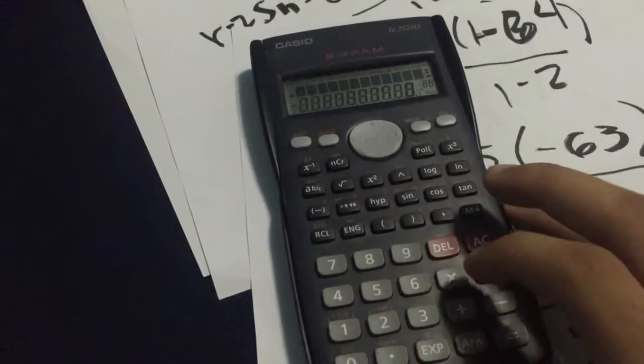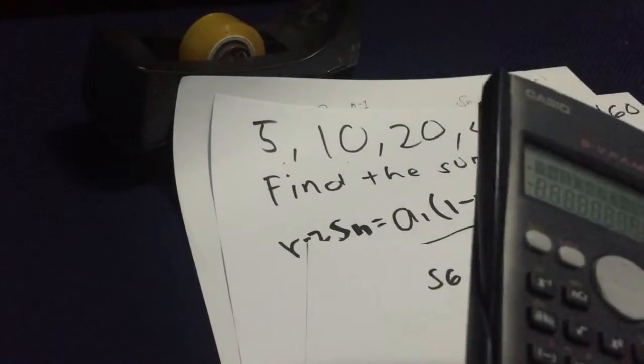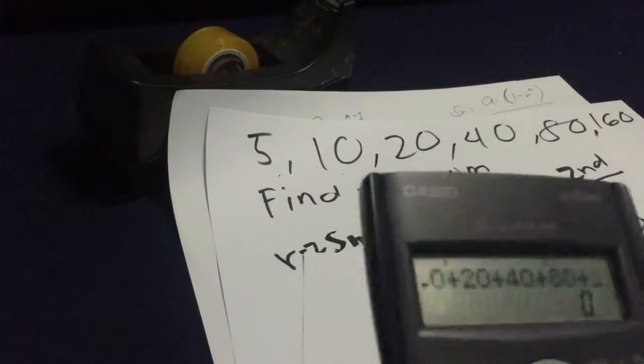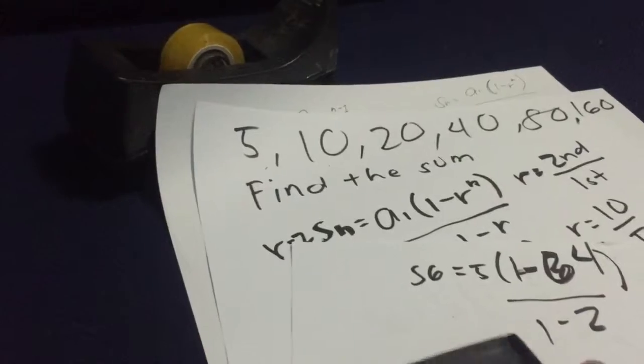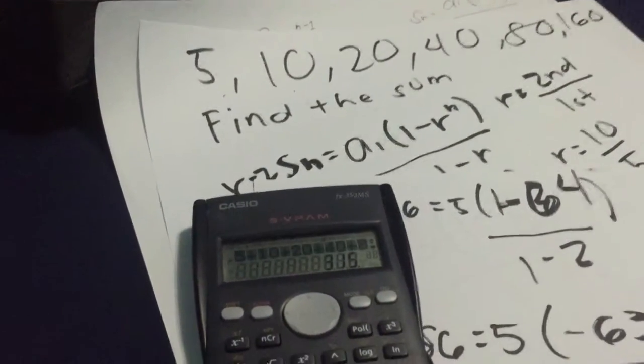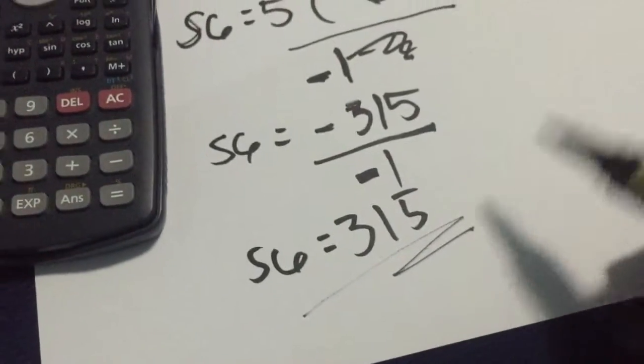So 5 plus 10 plus 20 plus 40 plus 80 plus 160, that is 315. So based on our calculator, our computed sum in our formula is correct.